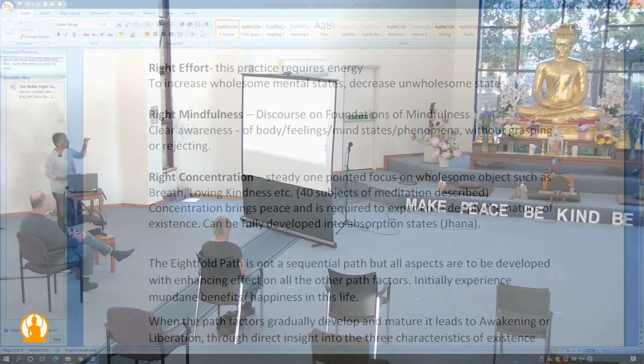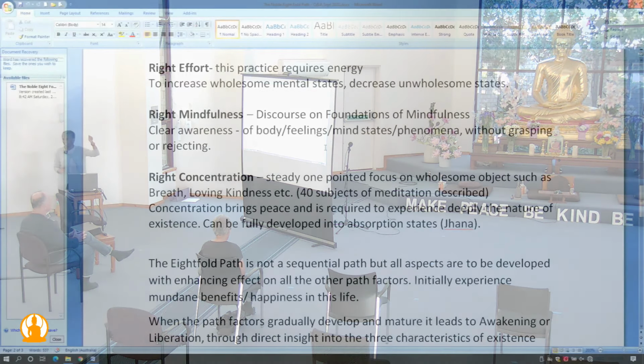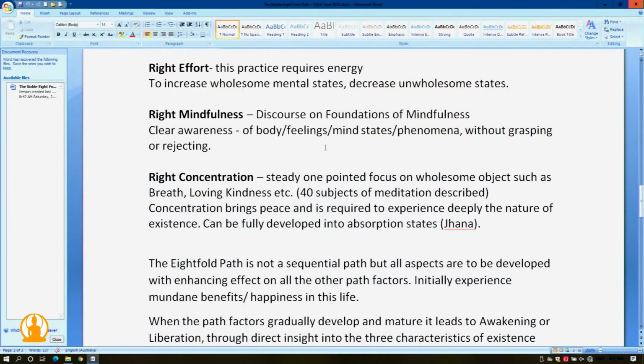But as I said at the beginning, right means this is all directed towards liberation. That is really the aim, even ultimately, of deep meditative states. The Eightfold Path is not a sequential path, but all aspects are to be developed and they enhance each other.